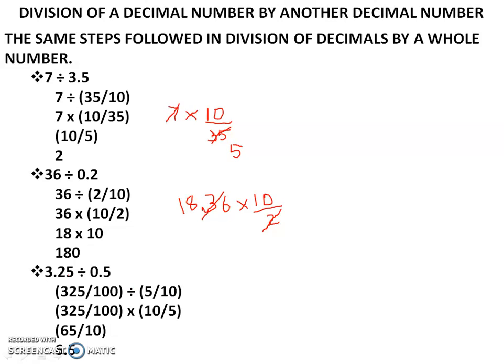Why? Here 2 decimal places, that is by 100. Here only 1 decimal place, so 10. So next what is the step? 325 by 100 into reciprocal of 5 by 10. What is the reciprocal of 5 by 10? It is 10 by 5.